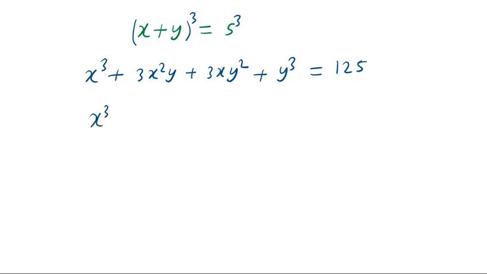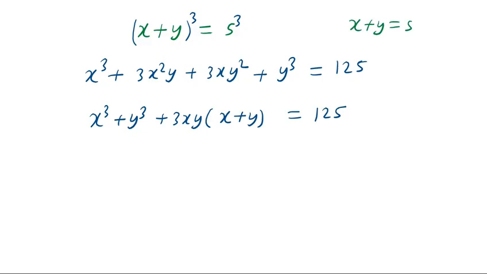Now x^3, now we will write y^3 here, and look carefully at these two terms. Here 3xy is a common factor. 3x^2y divided by 3xy gives x, and 3xy^2 divided by 3xy gives y, equal to 125. Now recall, we know that x + y = 5.